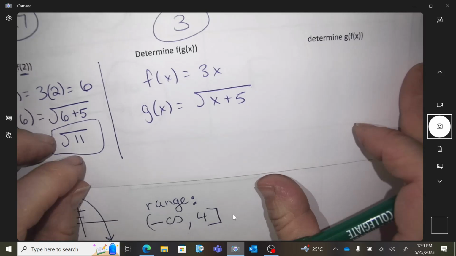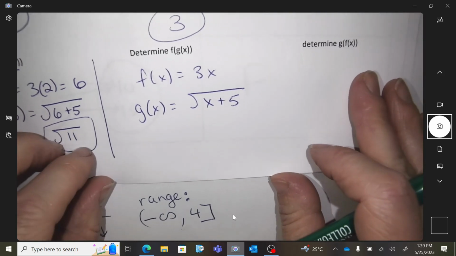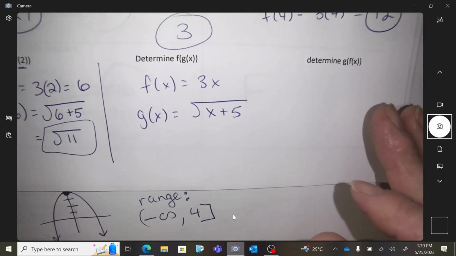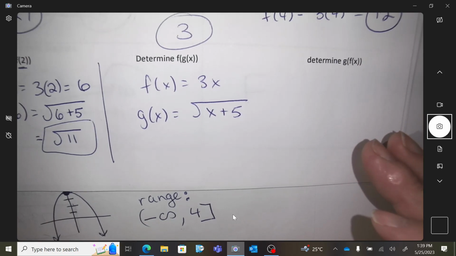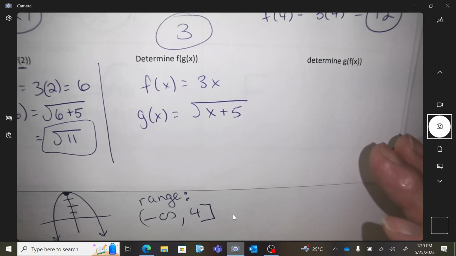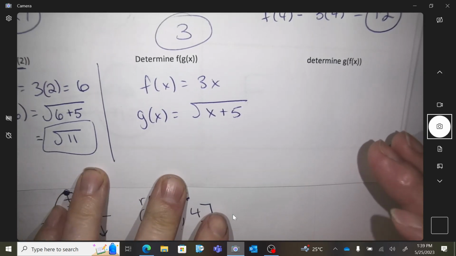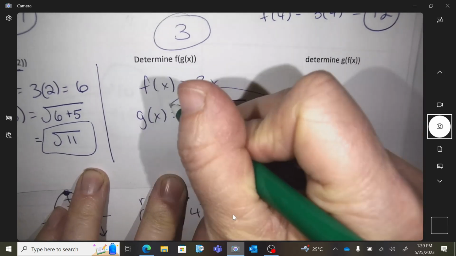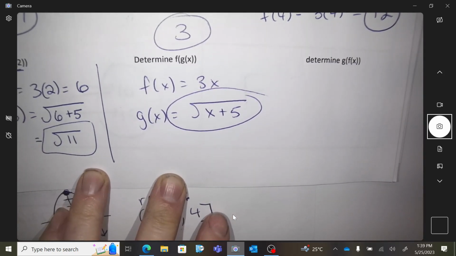Okay. Now, which way are we plugging it in? I would like you to circle which one is your input. Which one is called your input here? This is your input function.